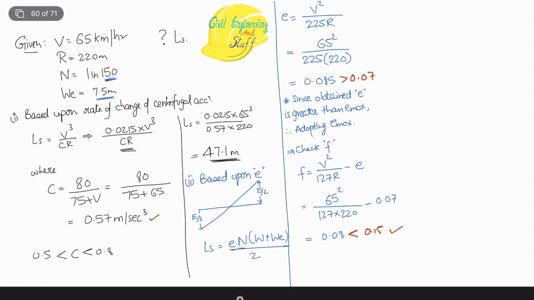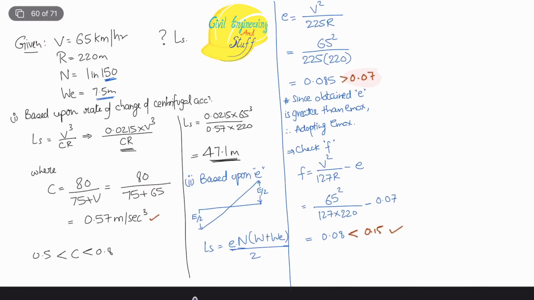So we can adopt the 0.07 value. I'm not writing the statement, but in exam you have to write down the complete statement that since the value is less than the permissible value, then the maximum E max can be adopted and can be used, right? This is the complete statement that you have to write.